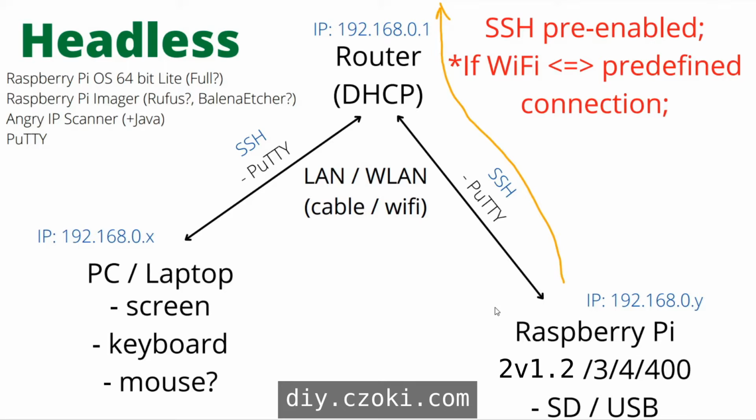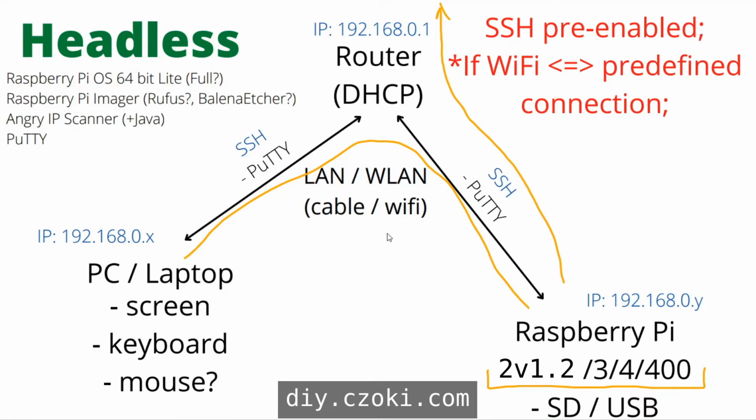If you want to go with a headless solution, you have to have the PC or laptop that you want to use to connect to your Raspberry Pi connected somehow. So here you may decide between a cable over a gigabit LAN port or wireless, which is also available in most of the hardware.